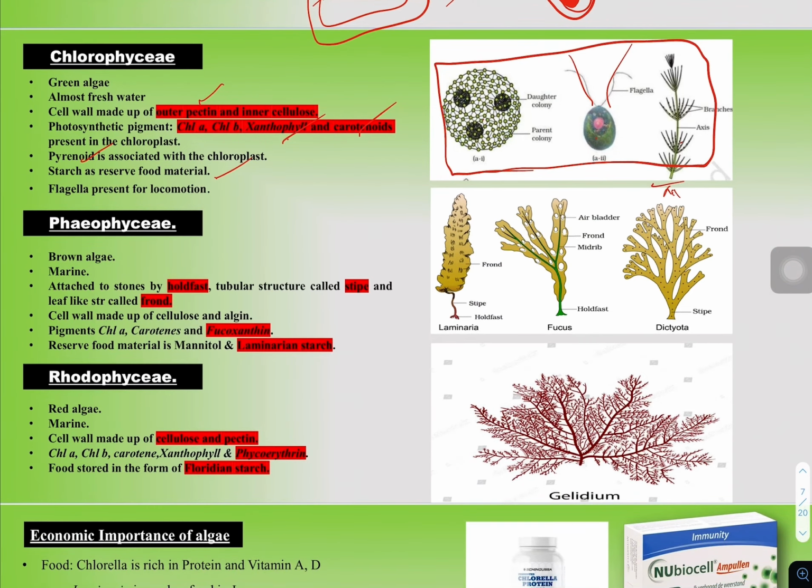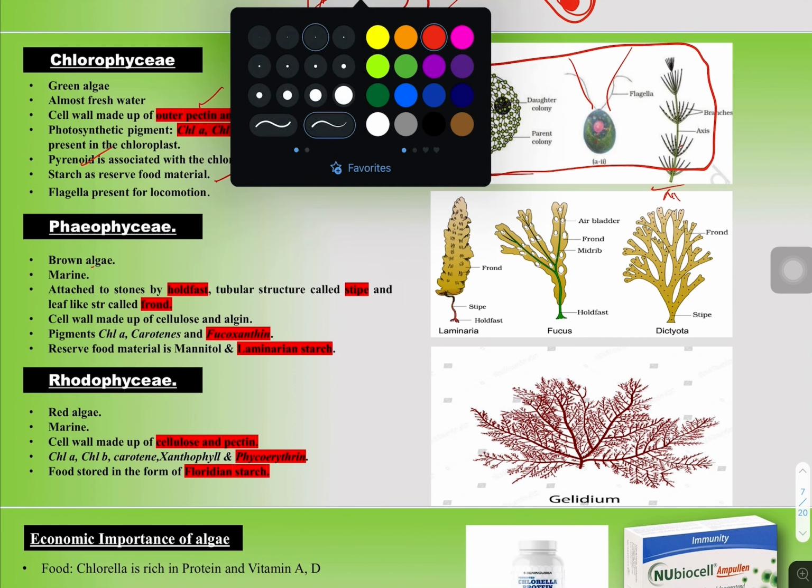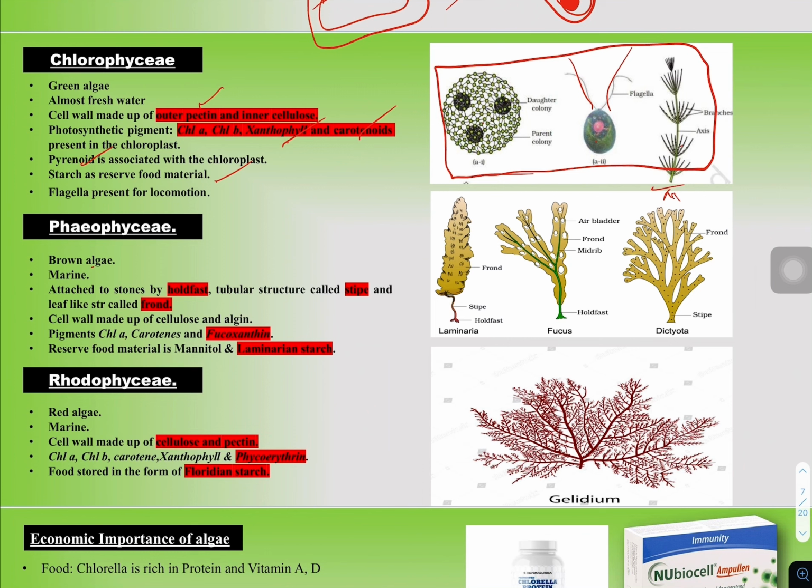Next one is phaeophyceae, also called brown algae. Here the main plant body is brown in color, hence they are called brown algae. Why are they brown? Because they have a brown pigment within their body, that is fucoxanthin, which gives the brown color appearance to the thallus.